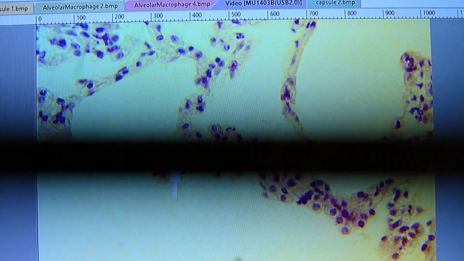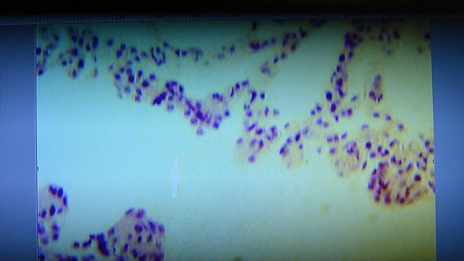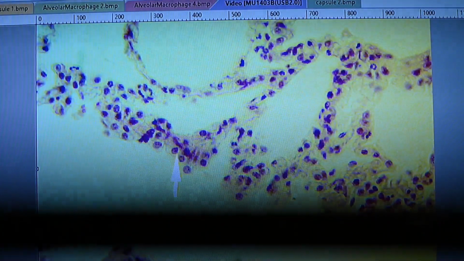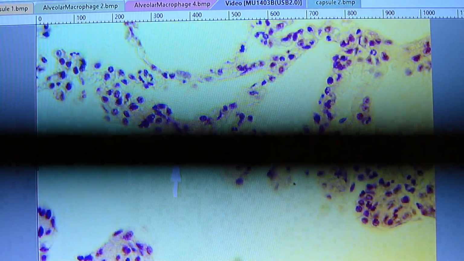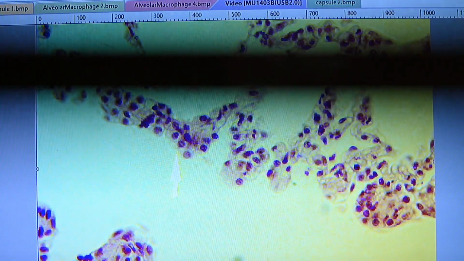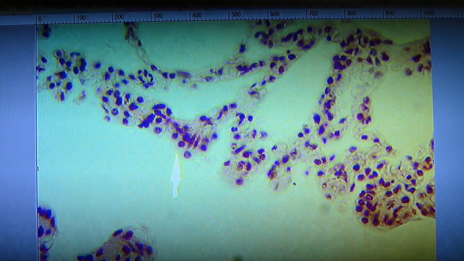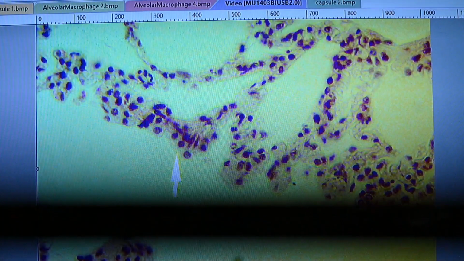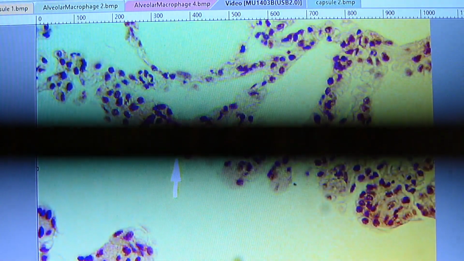If I work myself back this direction, I'm going to run into a few Clara cells, larger cuboidal cells with those rounded tops right along here. So a few Clara cells before we get into that alveolar duct.